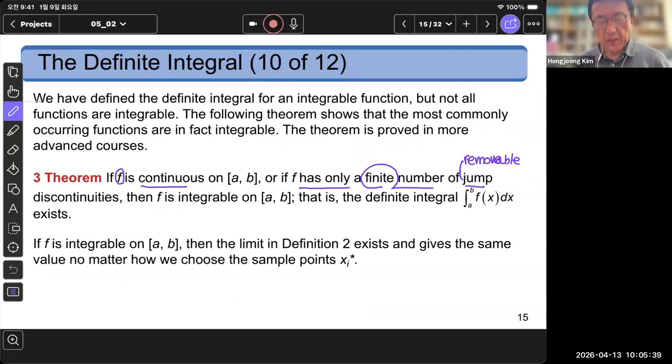So if your function is continuous or has finitely many removable discontinuities or finitely many jump discontinuities, then your function is integrable. In other words, you can compute the definite integral. And we will consider only such cases in our class. So we are not going to consider the infinite discontinuity case.